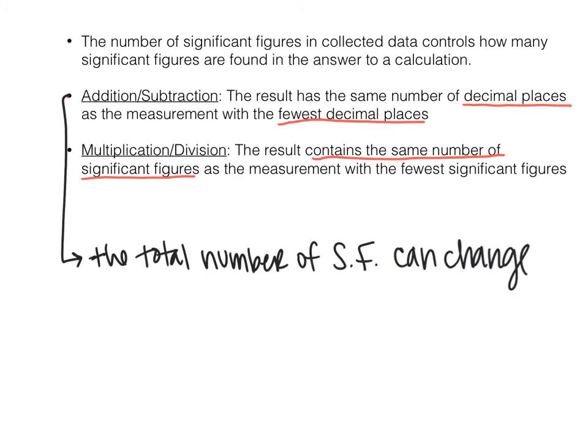Because if you add two values together or you subtract them, you could lose a placeholder, okay? So if 10 minus 8, the value is 2. That only has one significant figure, but they have the same number of decimals. So it's less about the total, but more about what happens after the decimal place. When we multiply, it's the same number. So let's look at some examples.